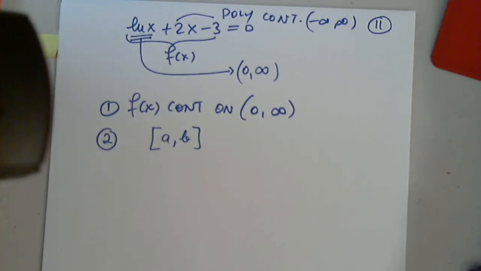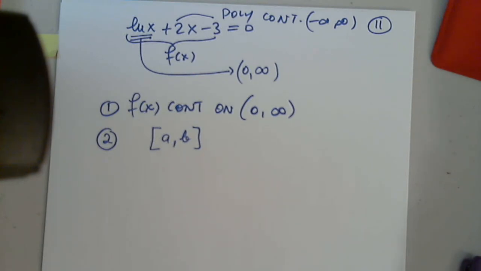At this point, we're going to go to second and table. I'm going to start punching in numbers. I cannot punch in 0, so I'm going to punch in 1. I get -1. I'm going to punch in 2. And it's positive. That's all I need.